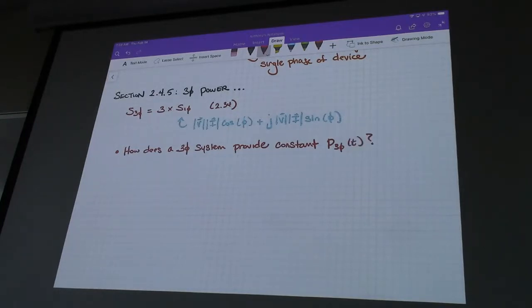And what we're going to do now is show mathematically that this works.